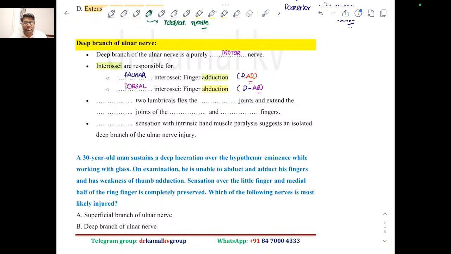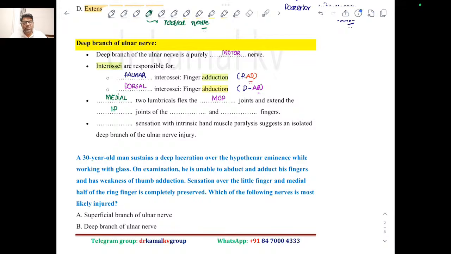Now the deep branch of the ulnar nerve also supplies the medial two lumbricals, right? Medial two lumbricals, and what is the action of the lumbricals? It is flexion of the MCP joint and extension of the IP joints.